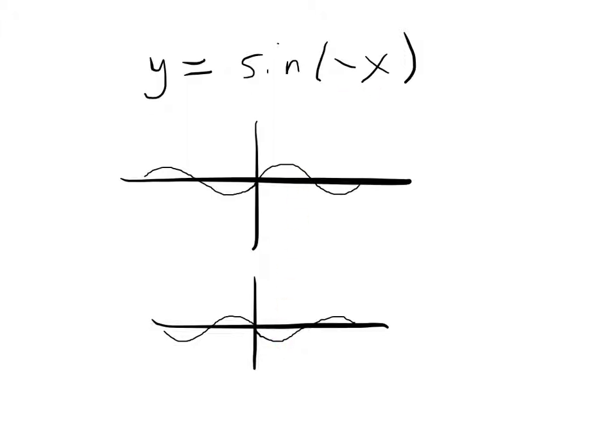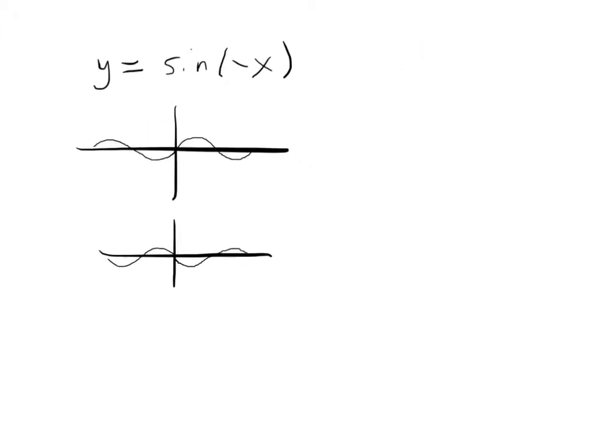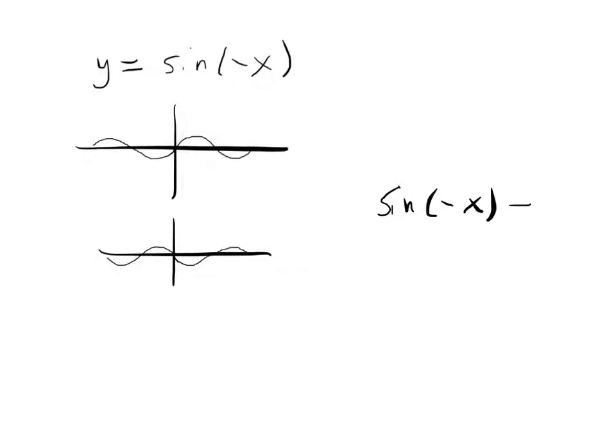Take a look at these two graphs. How also do they appear to be related? You might want to hit pause and think about it for a minute. If you're back from your pause, we note that it would appear that one is the opposite of the other. So that would mean then that sine of negative x equals negative of sine x.